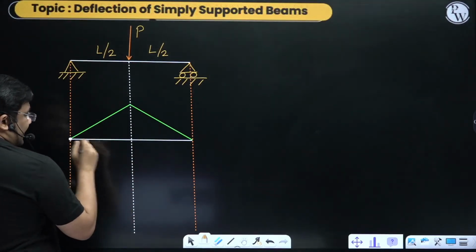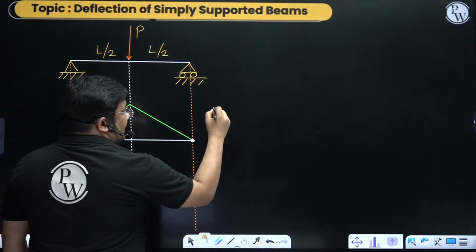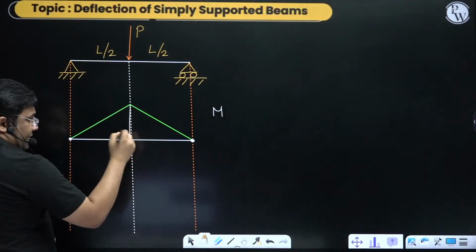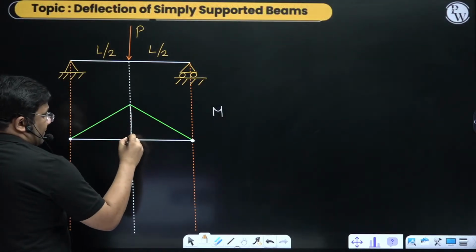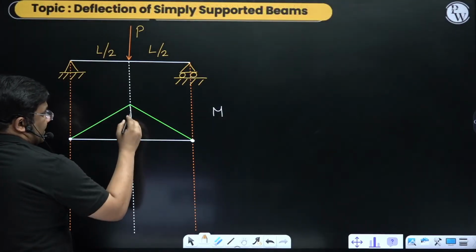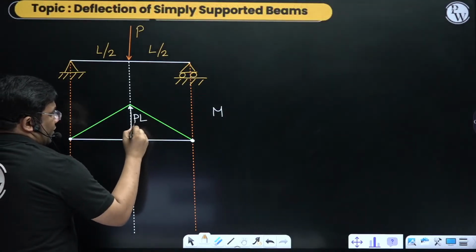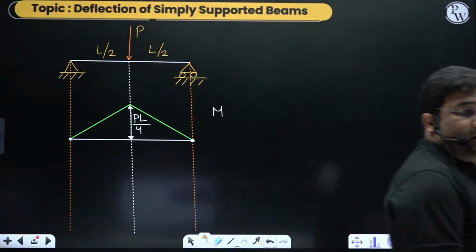This was the M diagram, and the maximum central value was PL upon 4.